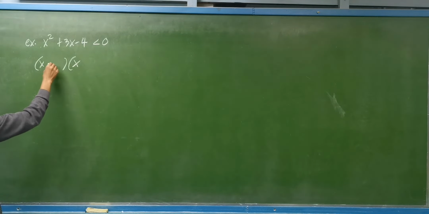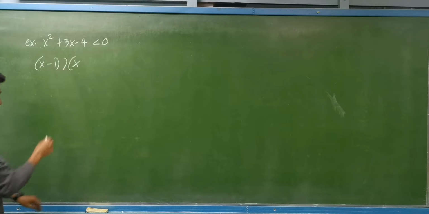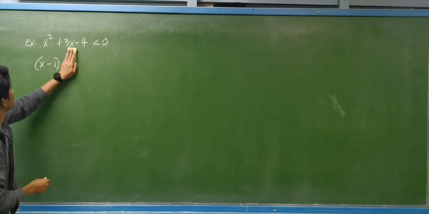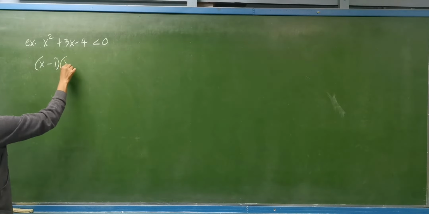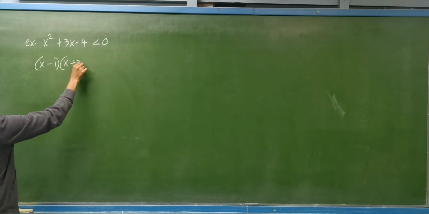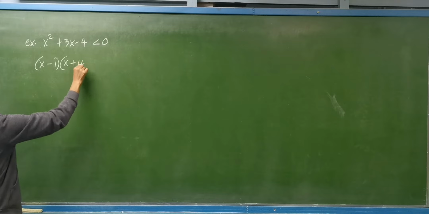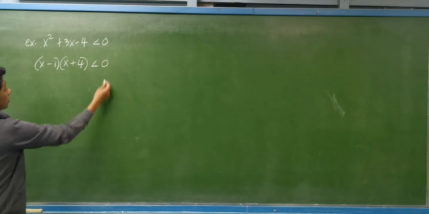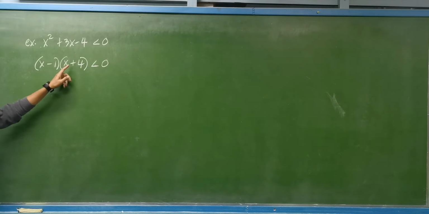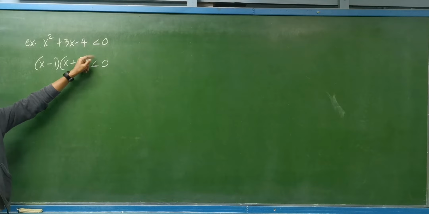These values are negative 1 and positive 4. So (x minus 1)(x plus 4) is less than 0, which gives x squared plus 4x minus x minus 4.